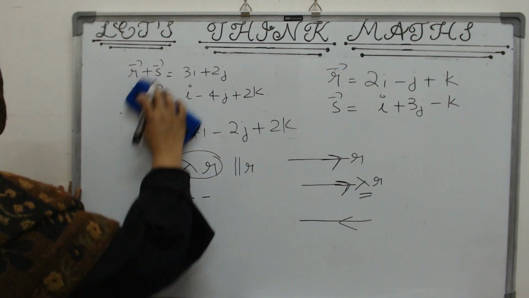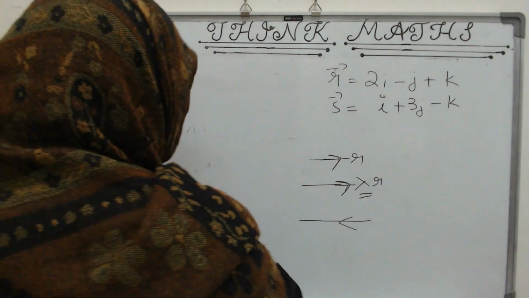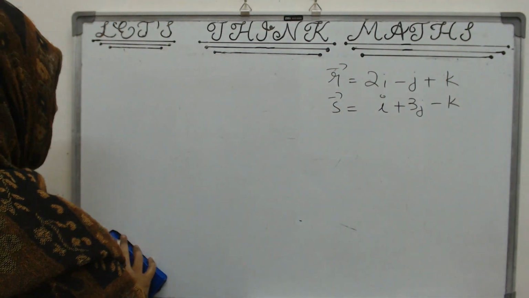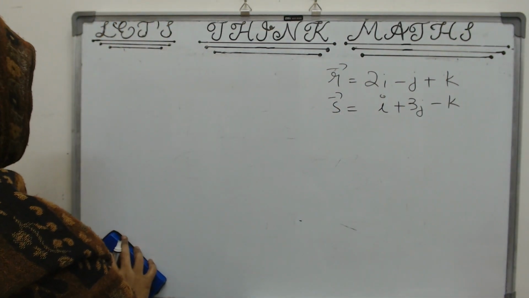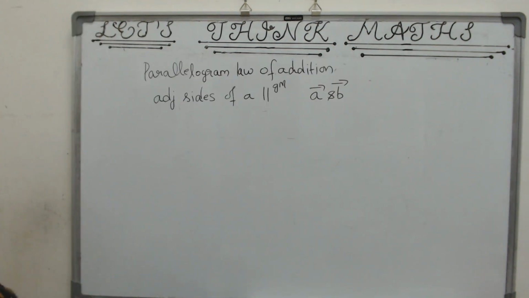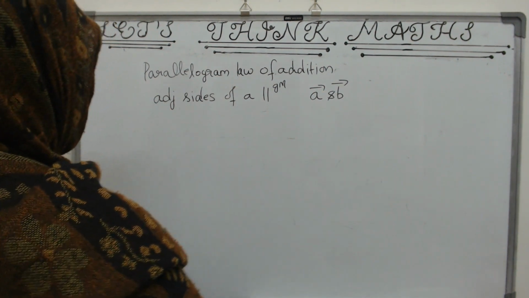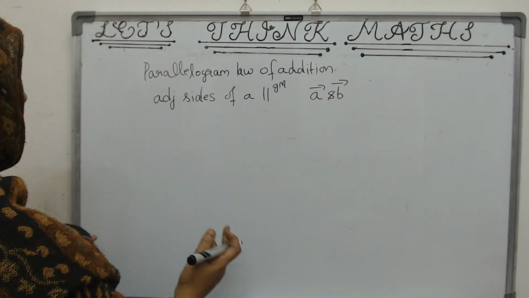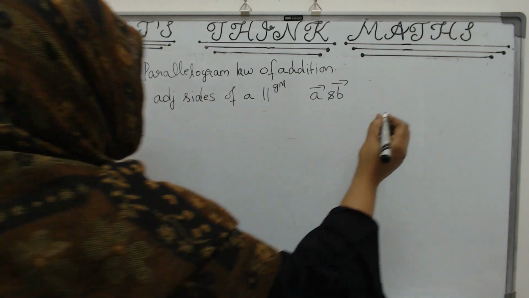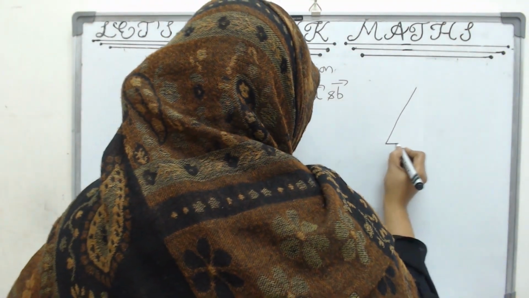Now we come to two laws. One is known as the parallelogram law of addition. That is what we see first. So how to add? Take two adjacent sides of a parallelogram. What do you mean by adjacent sides? They have a common vertex.